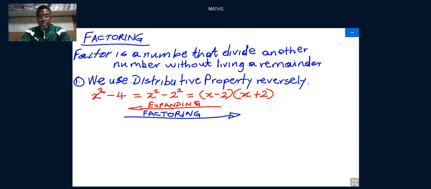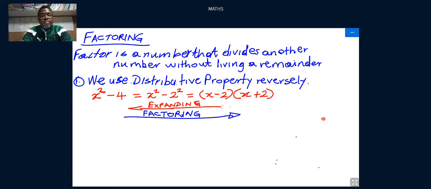A factor is a number that divides another number without leaving any remainder. No remainder.